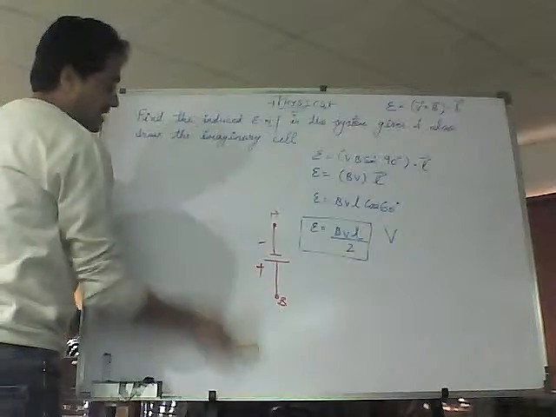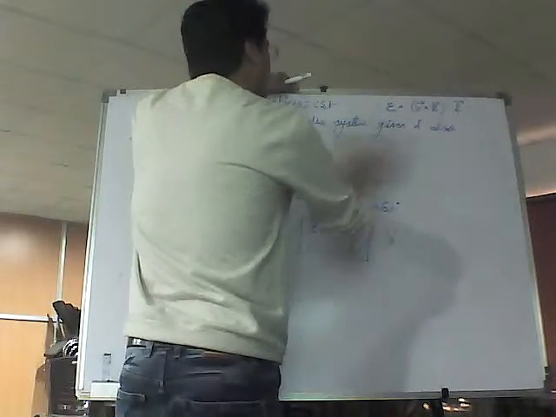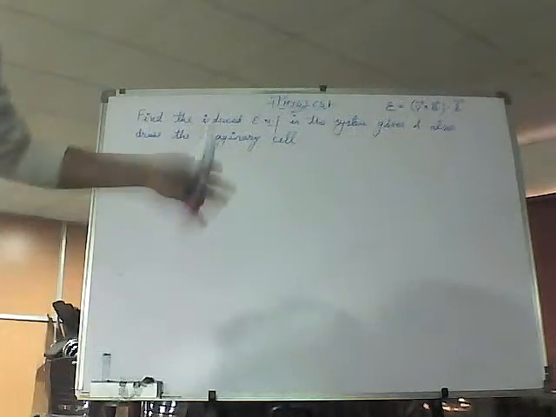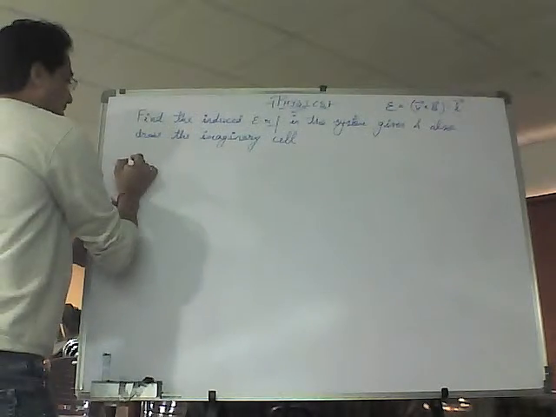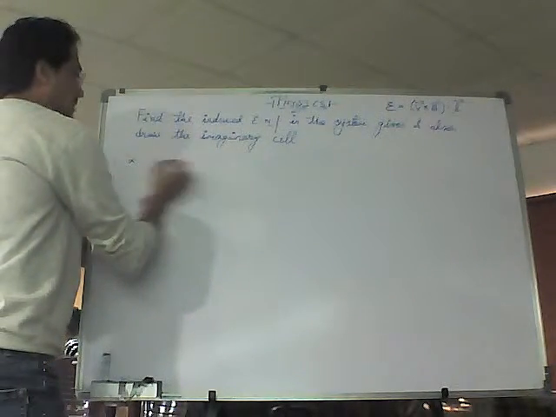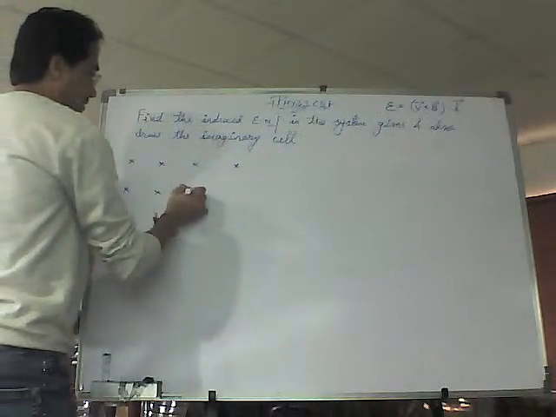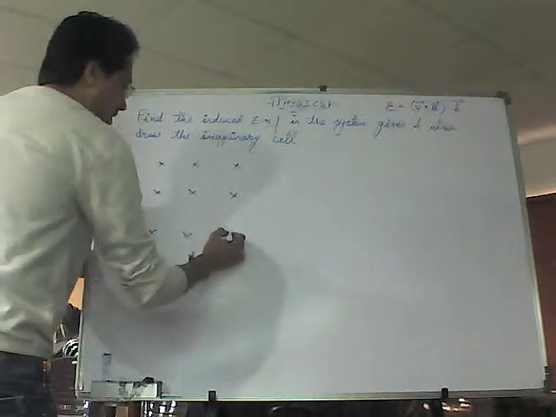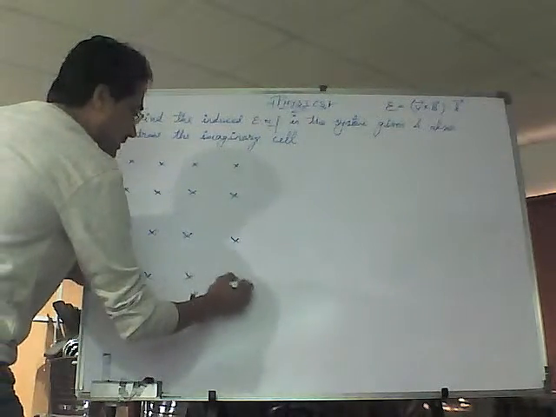Now let's go learn something new. What are we doing if the system changes within motional EMF? Now here is the question. This time again you have a magnetic field that is also directed inside the plane of the board. And the game this time is a bit different.